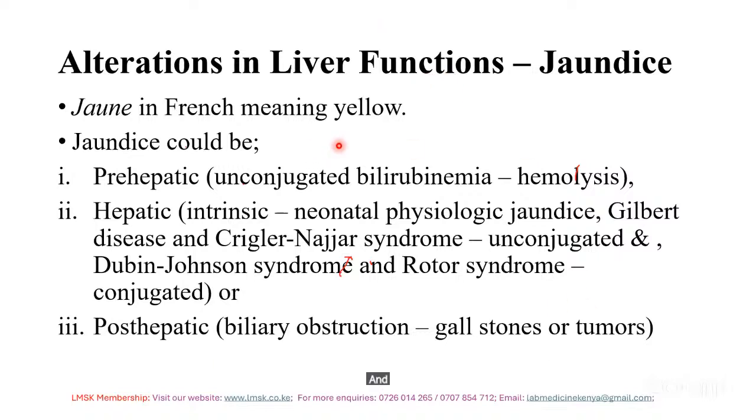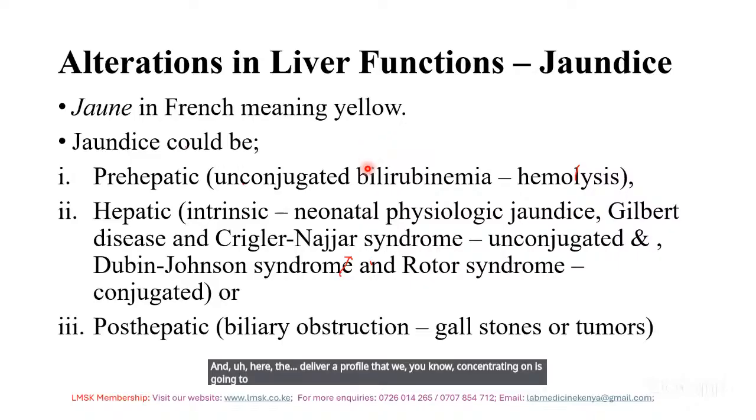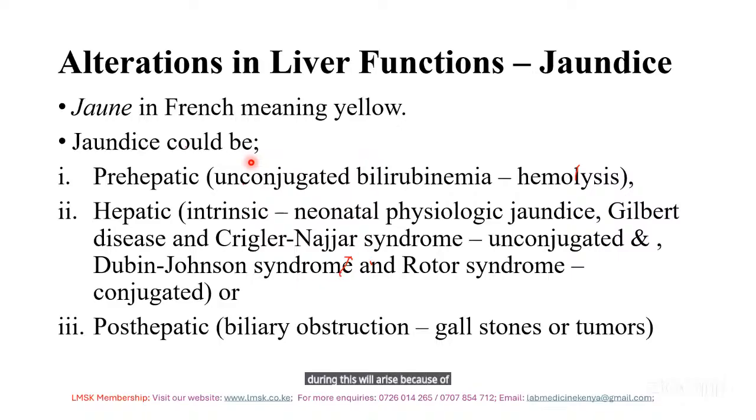And here the liver profile that we're concentrating on is bilirubin levels. So we know that jaundice will arise because of too much bilirubin accumulation in the body, and it is classified in three forms. It could be prehepatic.